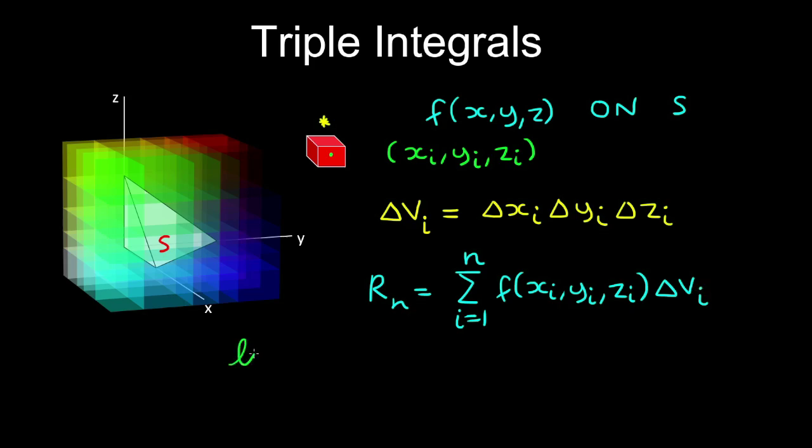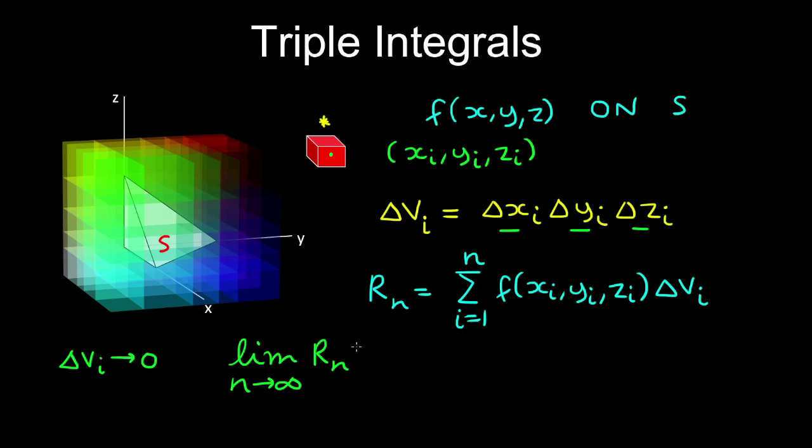So again, we take the limit of the Riemann sum as the number of cells approaches infinity, or the largest dimension approaches 0, so essentially the volume of the cells tends to 0.